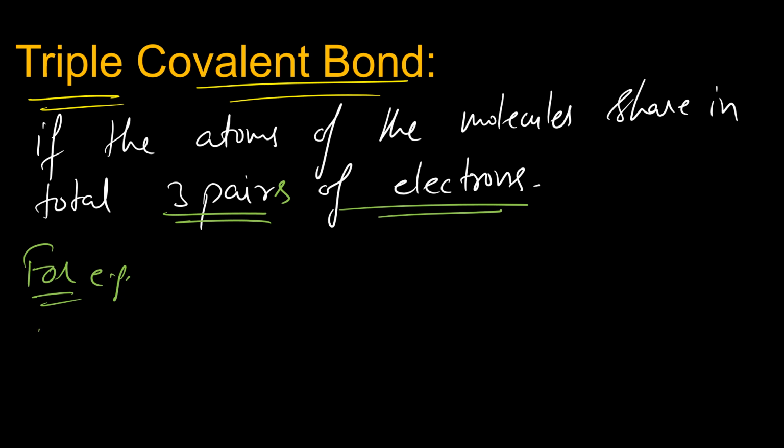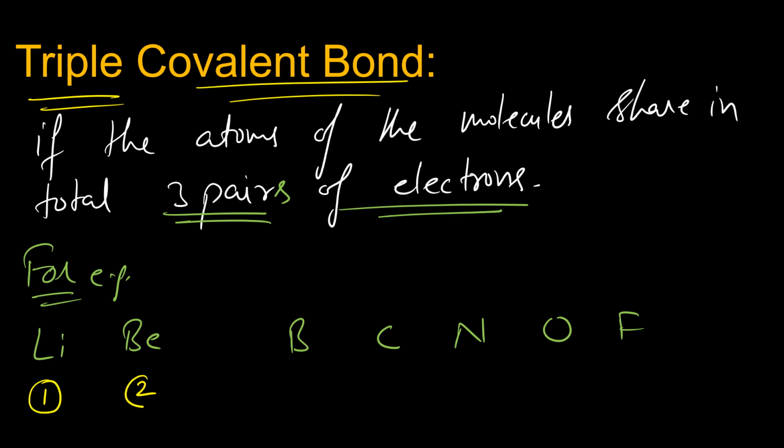As we know, moving in the second period, we have lithium, beryllium, boron, carbon, nitrogen, oxygen, fluorine. Now you may see the bond capacity of lithium is 1, while the bond capacity of beryllium is 2. What is the meaning of bond capacity? Bond capacity means lithium can form only one bond, while beryllium can form only two bonds.